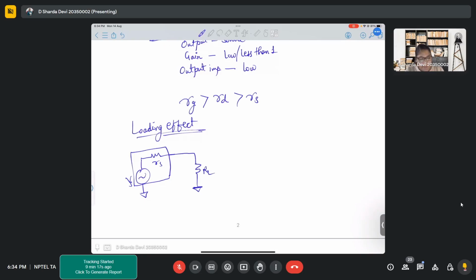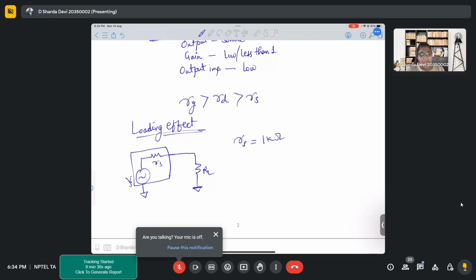Now, I have my RS, which is fixed for a source. When a source is designed, its RS or input impedance is always fixed. So let's say my RS is 1 kilo ohm, and now you have your RL load which is changing.